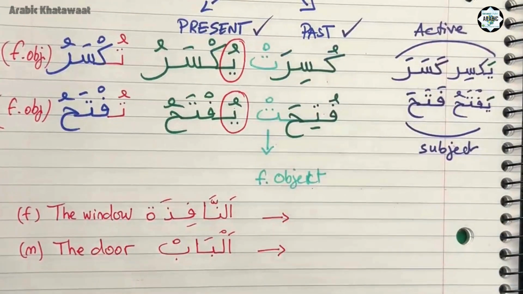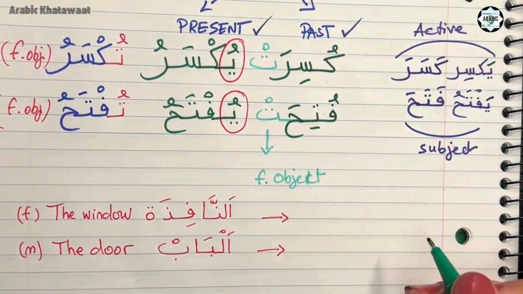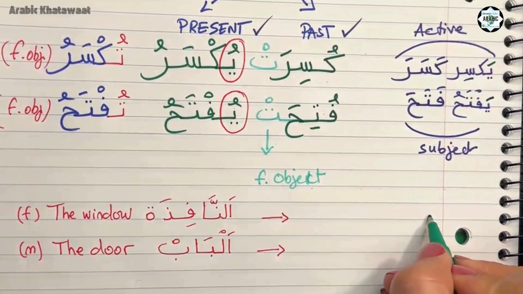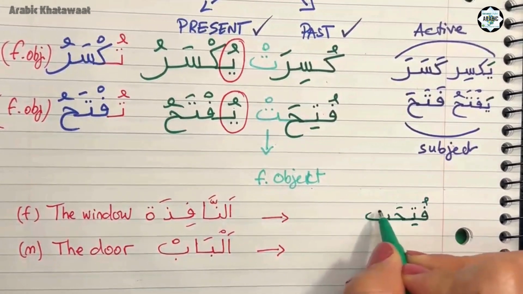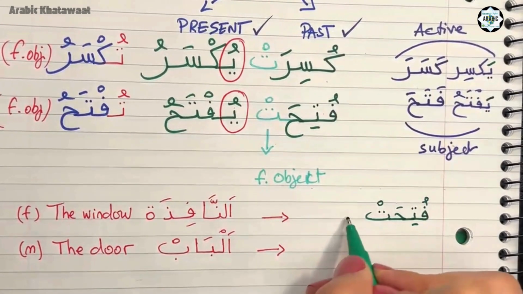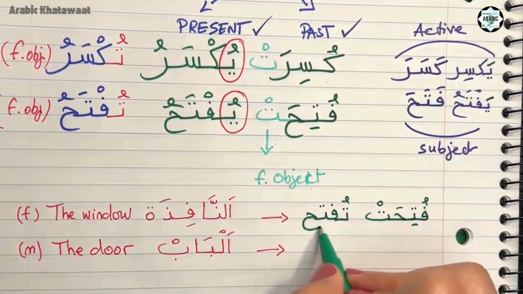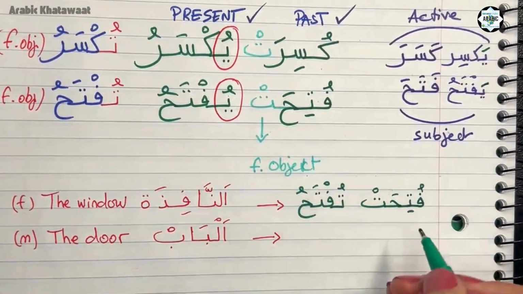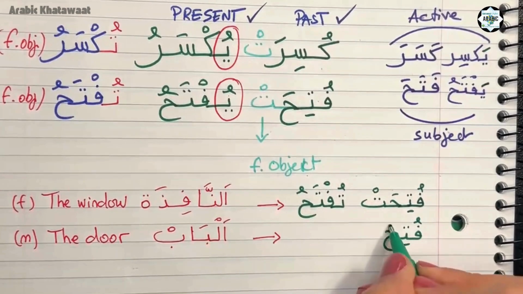So in this case, I'm going to use النافذة here, and I would say the window was opened. فتحت النافذة. In the past. In the present tense, I would say تفتح النافذة. Now, فتح الباب. The door was opened. فتح الباب.